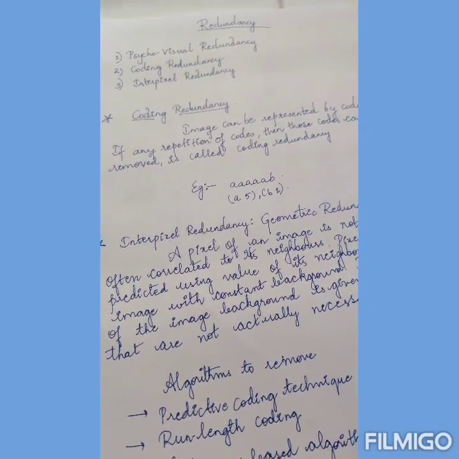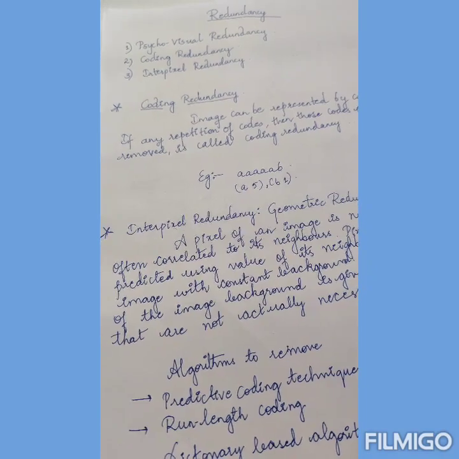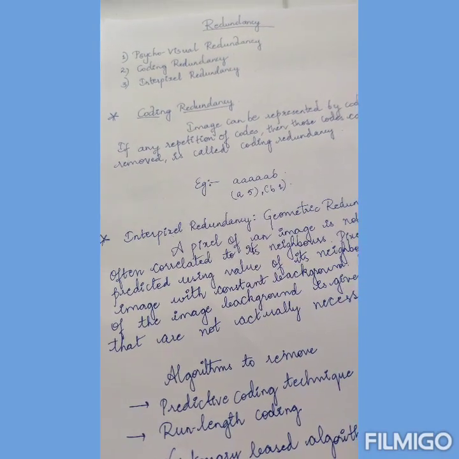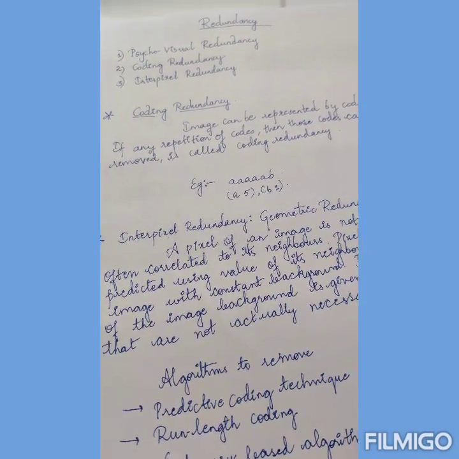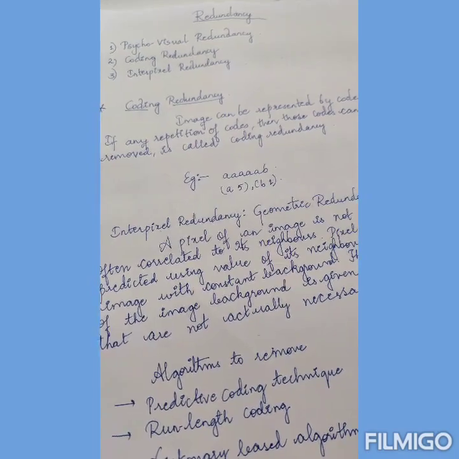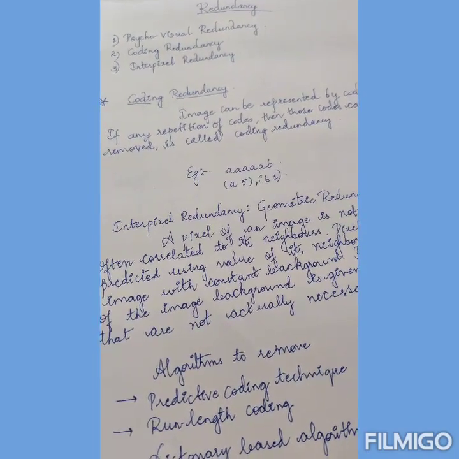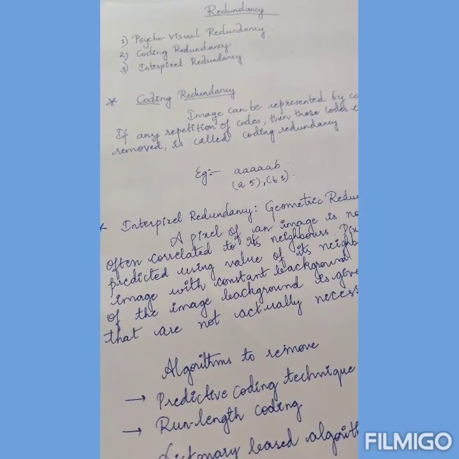The definition I have already discussed. Redundancy means the same information is represented using fewer bits. Whatever the image is, the same image is represented using fewer data bits.